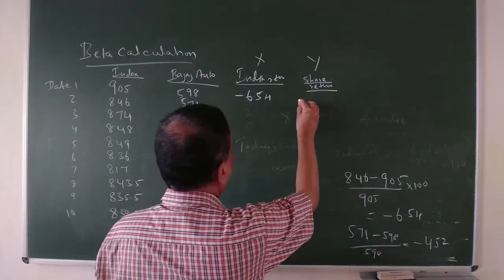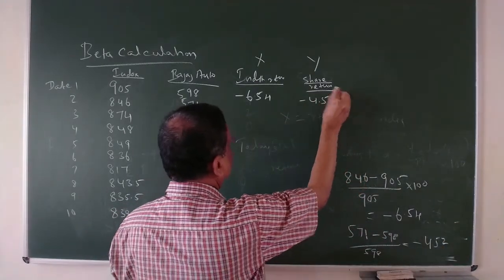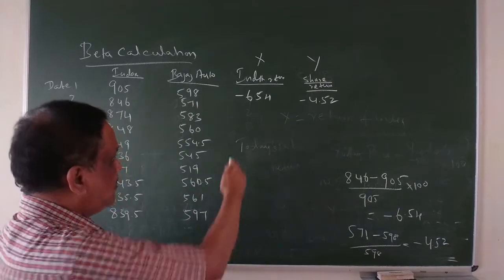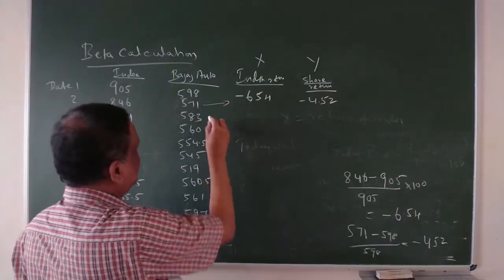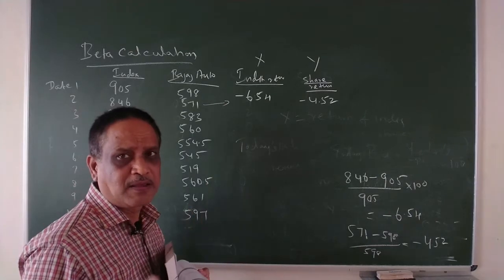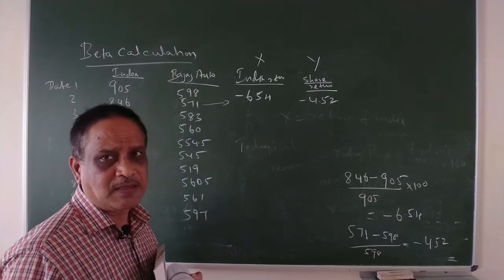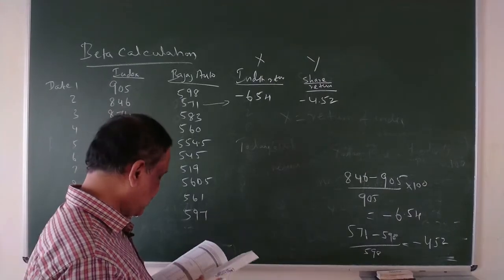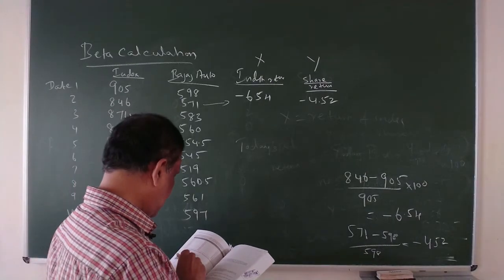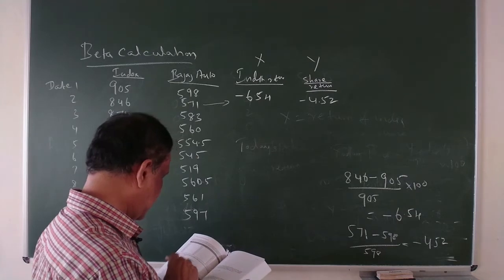So, like this you do for all the days. Okay. So, this is applicable here. First day you won't get any value because you need 2 days values to do the calculation.